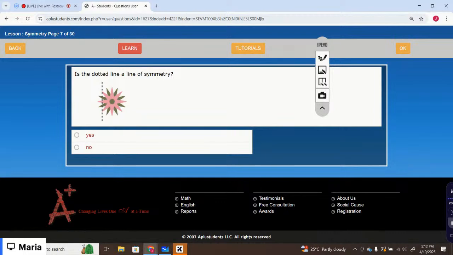Is the dotted line a line of symmetry? No, that is not a line of symmetry. Okay, you can complete the lesson by yourself later today. Let me just move on to the next lesson.